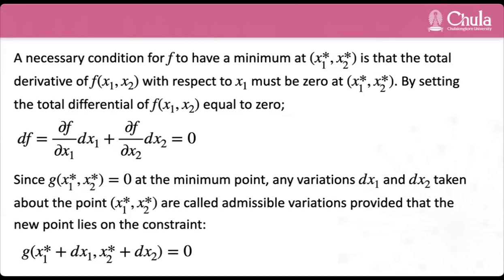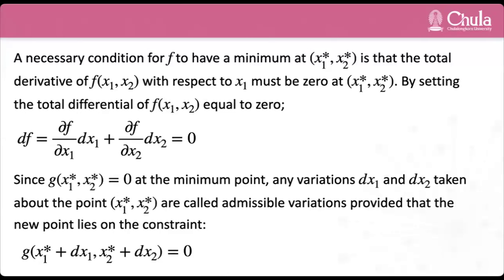And we have a constraint. Let's say we have only one constraint, g. Any change in x1 and x2 must satisfy the constraint too, because this is an equality constraint.